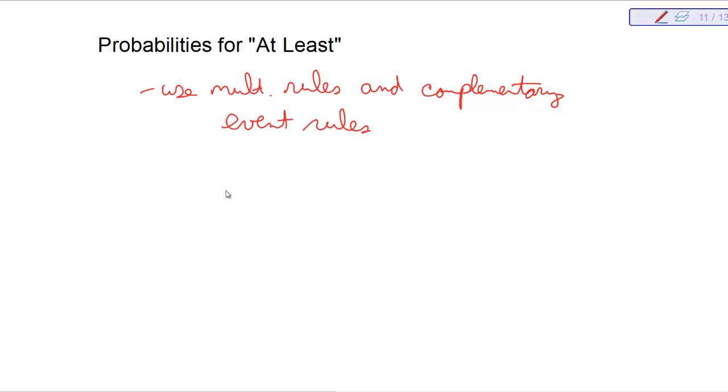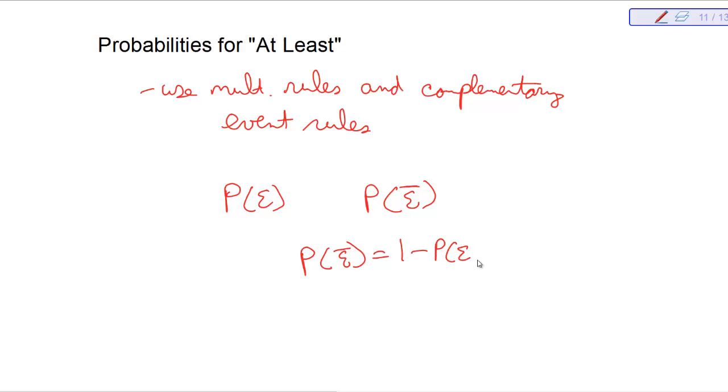Which means we're going to be using the P of E, the P of E bar, the fact that the P of E bar is equal to 1 minus the probability of E. Recall these types of things. We're going to be using those for anything that we want for at least, and even at most for some of them.